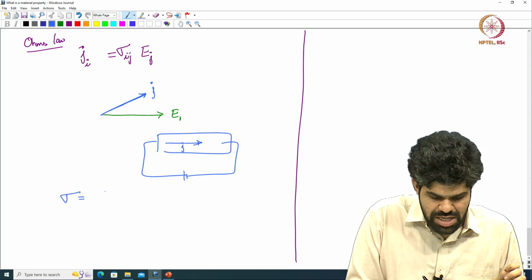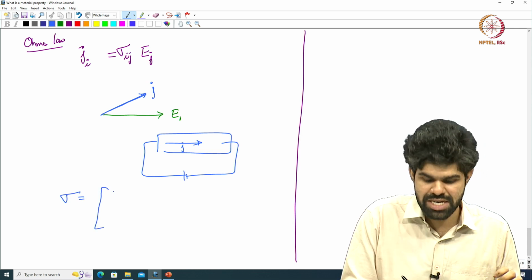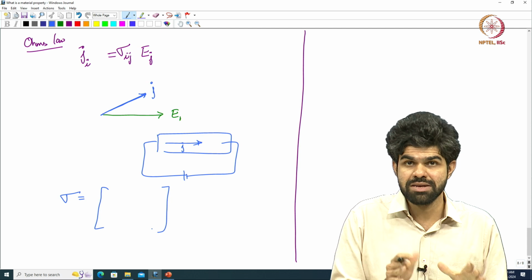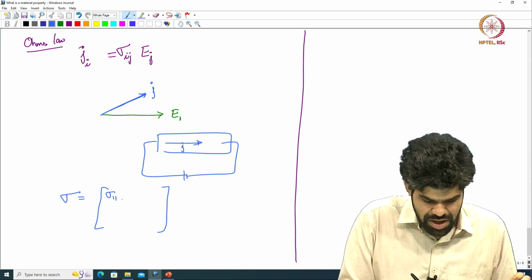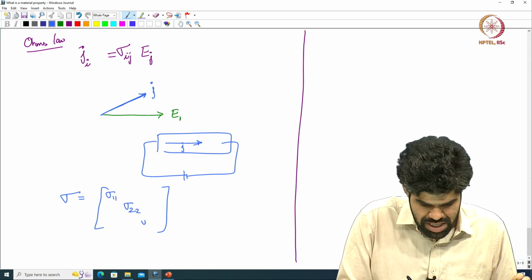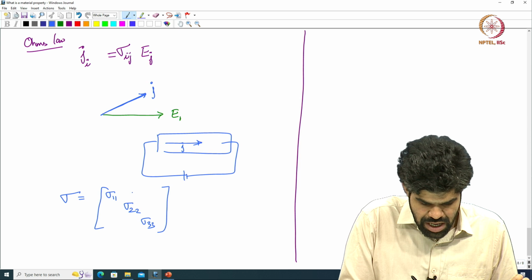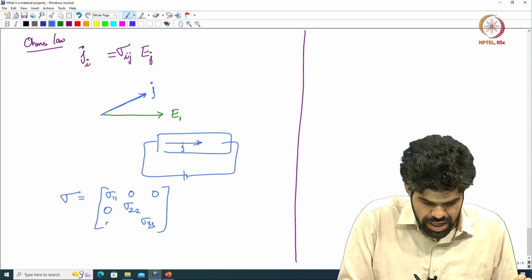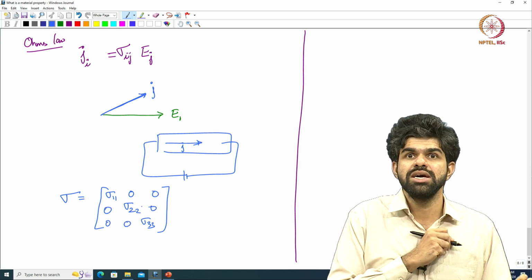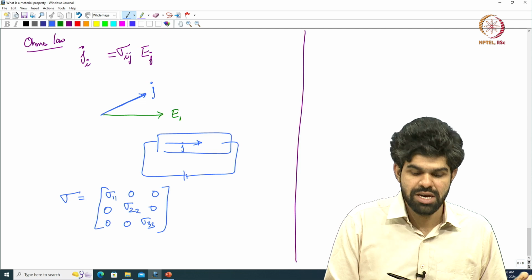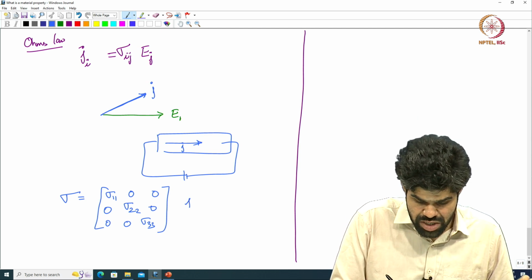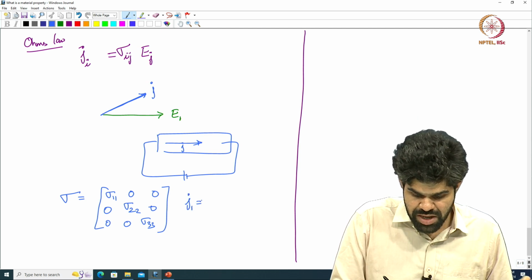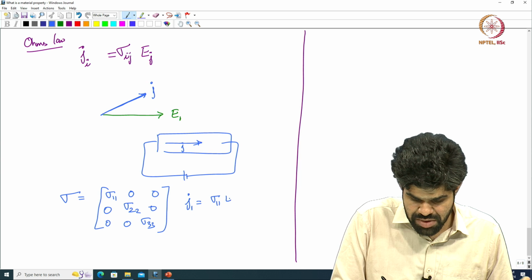So let us assume that sigma, which I can write in the form of a matrix, is sigma 11, sigma 22, sigma 33, and I do not have any off-diagonal elements in this matrix. If that is the case, then J1 is sigma 11 times E1 plus sigma 21 times E2 plus sigma 23 times E3.